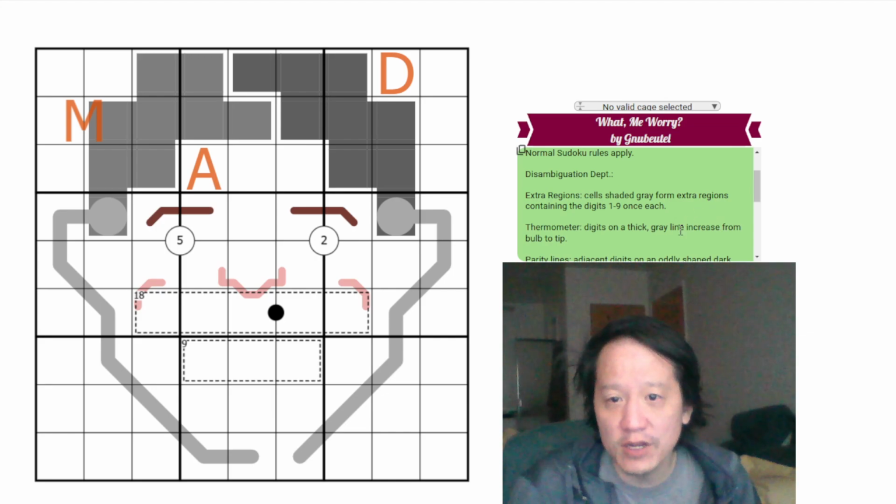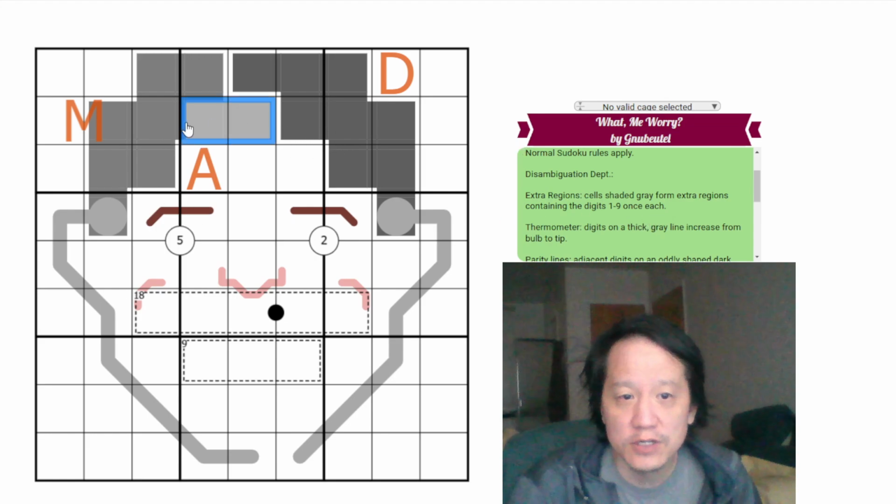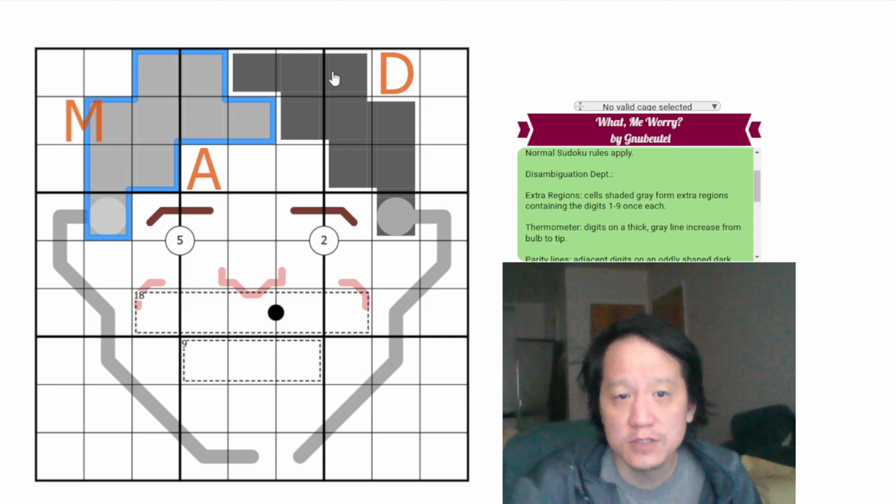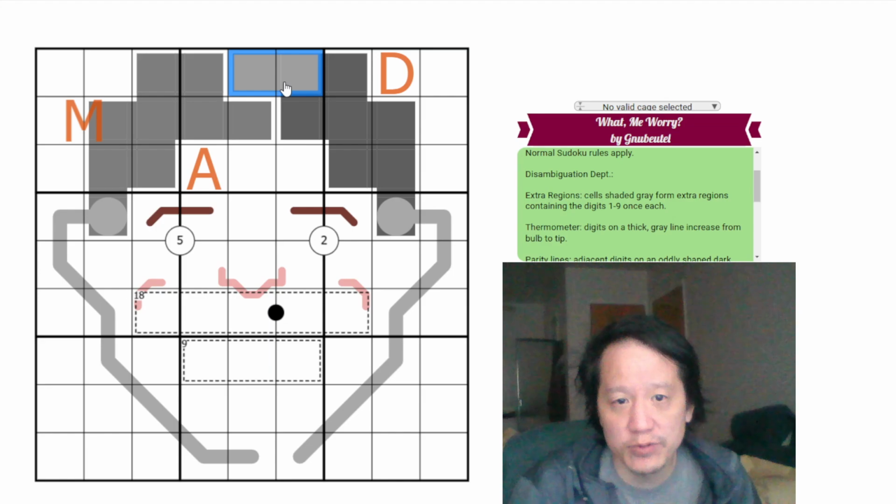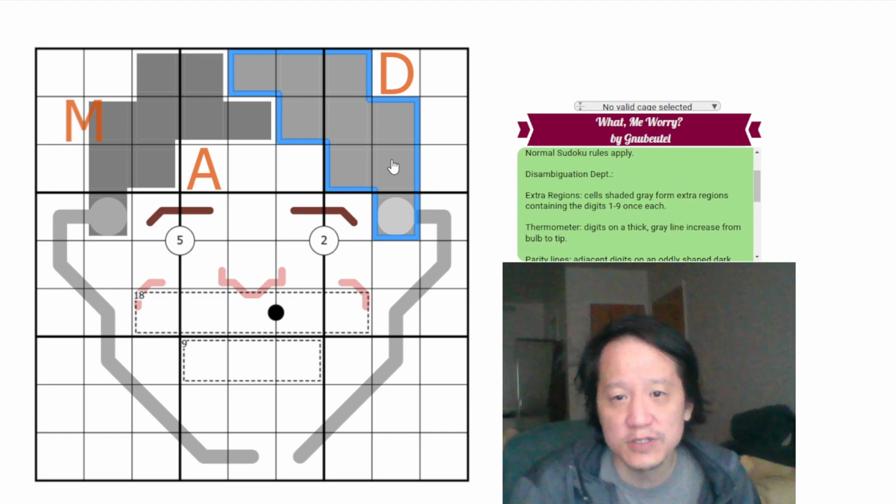Cells shaded gray form extra regions containing the digits 1 through 9 once each. So along with normal Sudoku rules, this region also contains the set 1 through 9 once each in that shape, and this set also forms a region containing the set 1 through 9 once each.